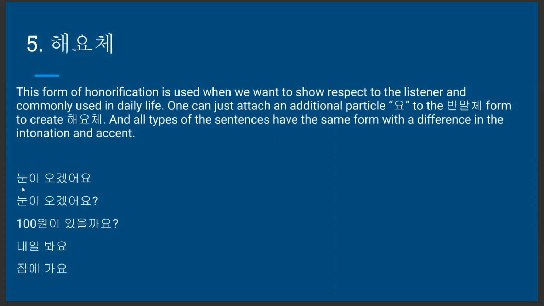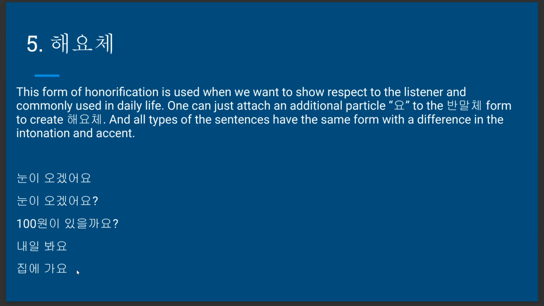So the first one is 눈이 오겠어요. 눈이 오겠어요. So the rising intonation. 100원이 있을까요? So you're asking if that person has 100 won. And 내일 봐요. So it means see you tomorrow. 내일 봐요. And 집에 가요.